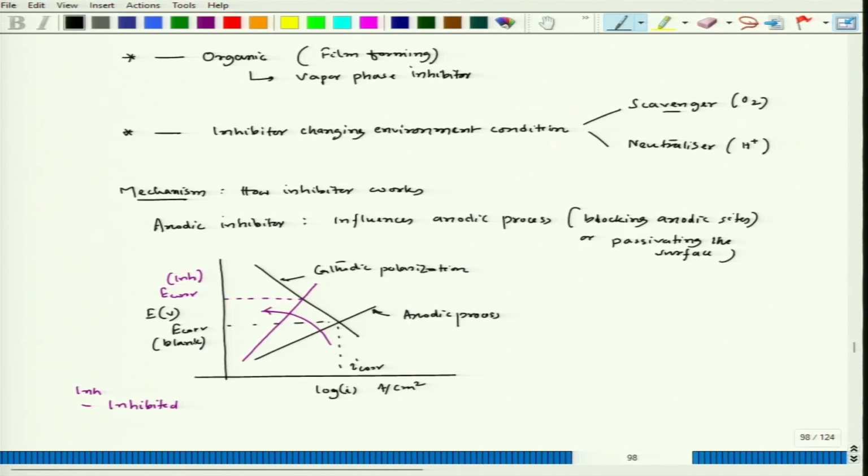Now, if you see the corrosion potential that moves up, so from the anodic polarization point of view, the E corr moves in the positive direction compared to E corr in blank condition after the addition of inhibitor. But if you see the I corr, that I corr has also dropped. So this will be my I corr and this is inhibited I corr.